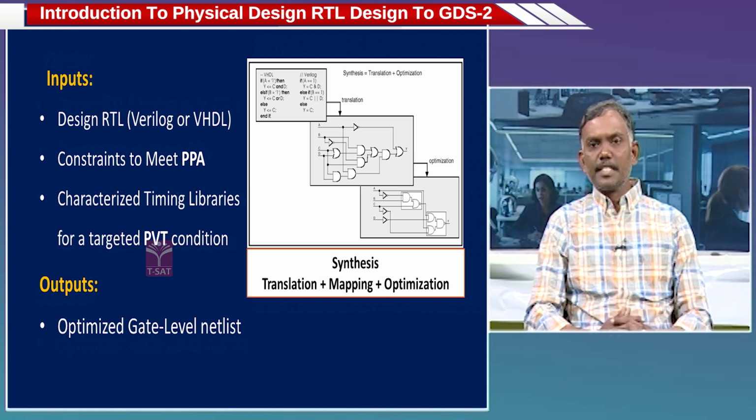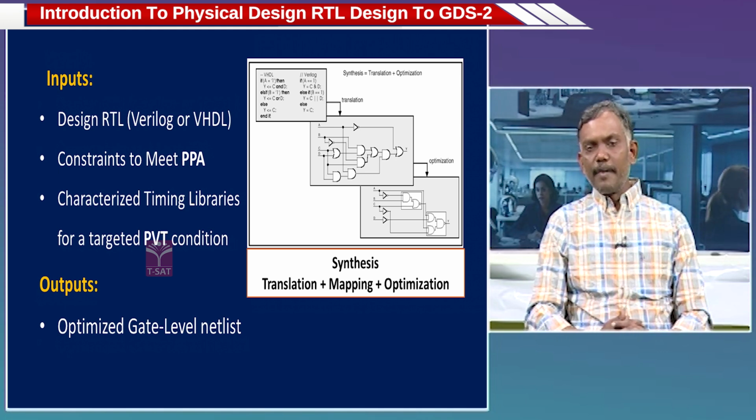That is one condition, slow corner. You will see more delays for any gate. Whatever gates you have in your design, all the gates will experience more delay. Slow means your speed becomes slow because of the more delays.